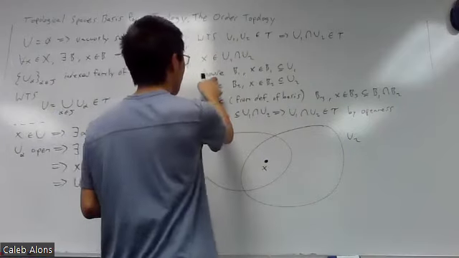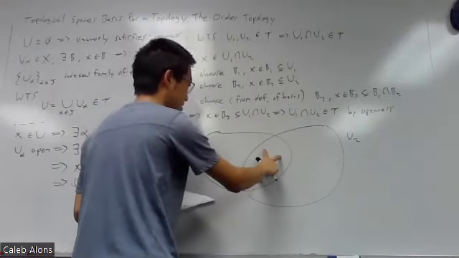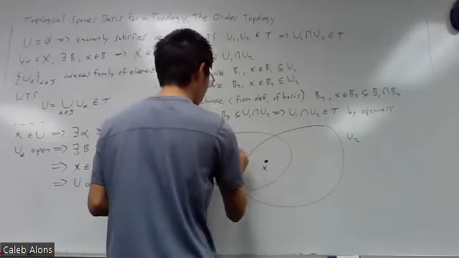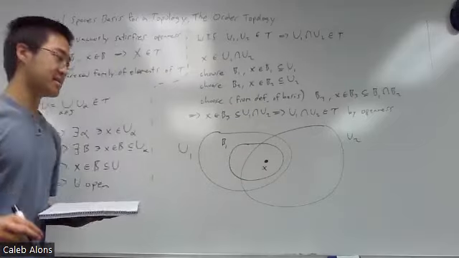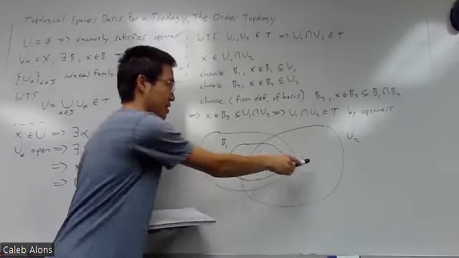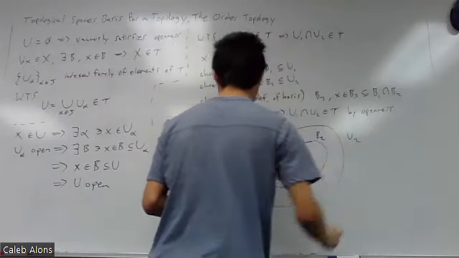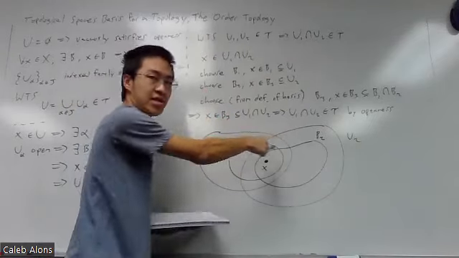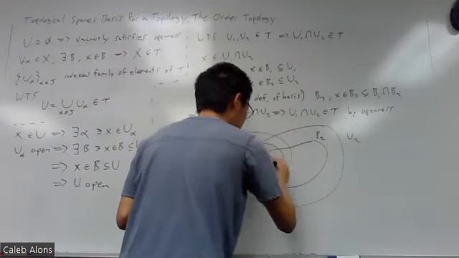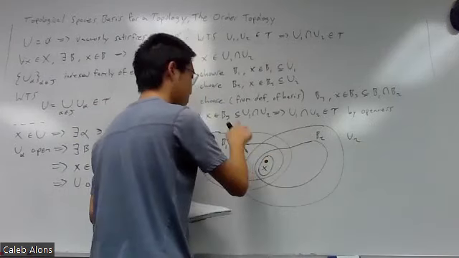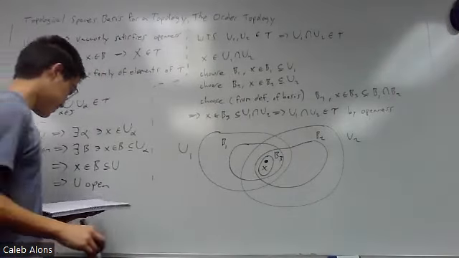But by definition, I can have a basis element contained in U1, not necessarily restricted to the intersection, that X could be a part of, and it could include things that are not in U2. And at the same time, there could be something arbitrary over here as well. So it's not sufficient to just have the other two, because you're not guaranteed that you're restricted to just here. So we invoke that we have B1 and B2 intersecting as basis elements, giving our third basis element that has our X.